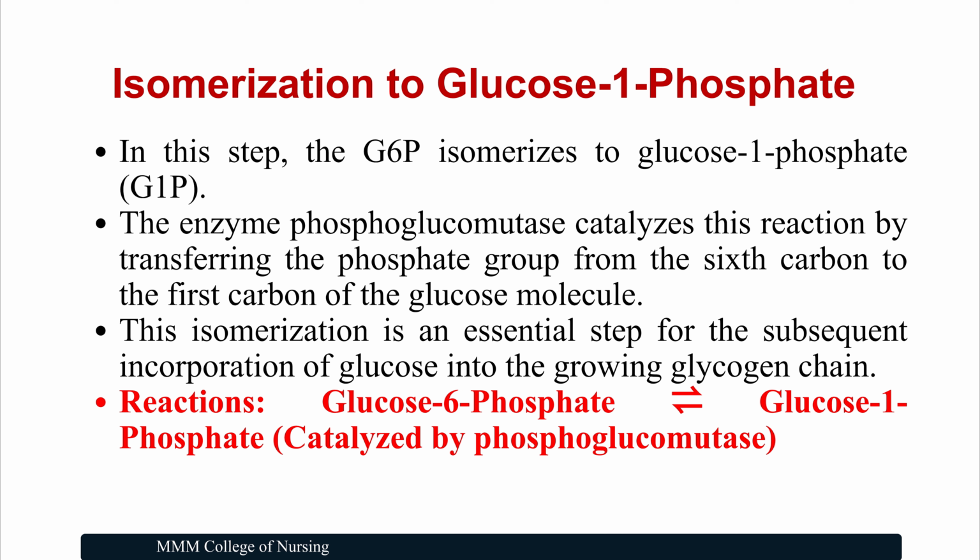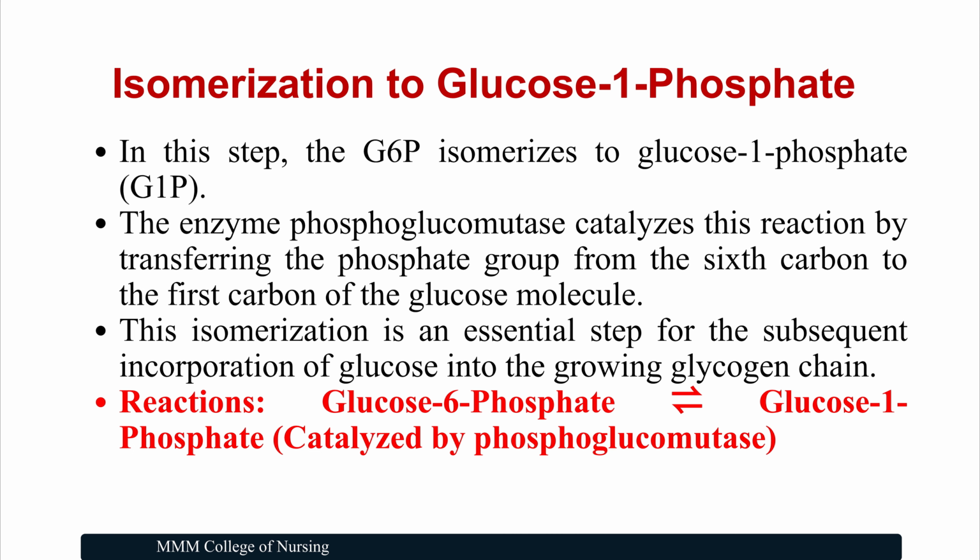This is done by the enzyme called phosphoglucomutase, which transfers the phosphate group from the 6th carbon position to the 1st carbon position, converting glucose 6-phosphate into glucose 1-phosphate. This is called an isomerization reaction, which means the molecular formula stays exactly the same, but the position of the phosphate group changes.